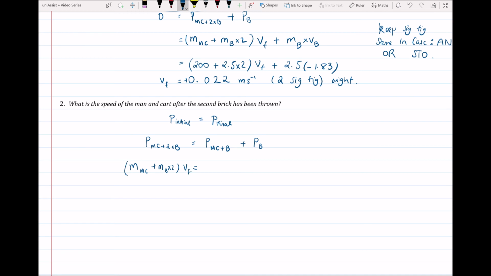That's the same V, which is equal to the mass of the man cart system, plus the mass of 1 brick multiplied by the speed, the second speed that we will call VF2, plus the mass of the brick, multiplied by the brick velocity.